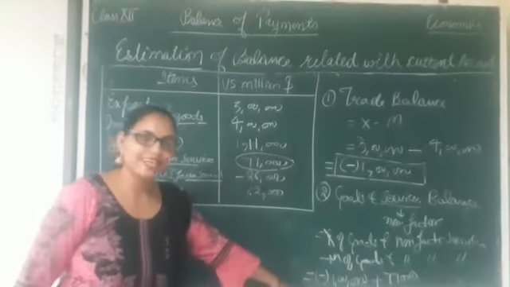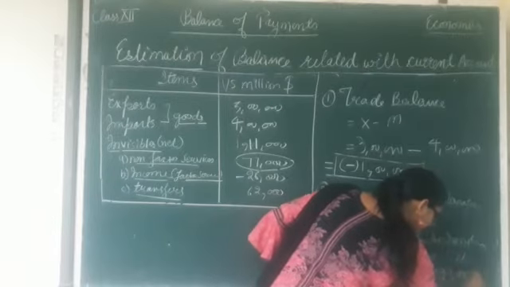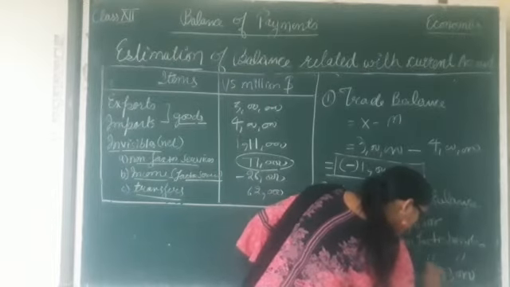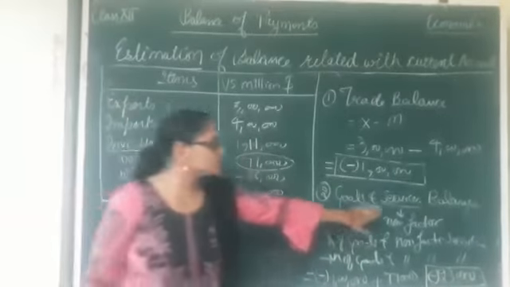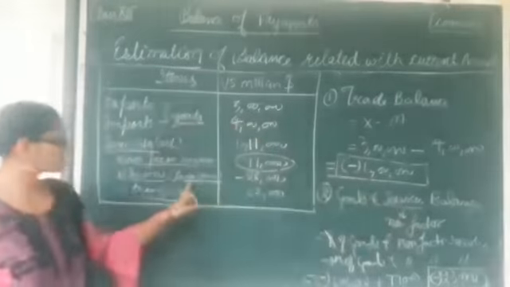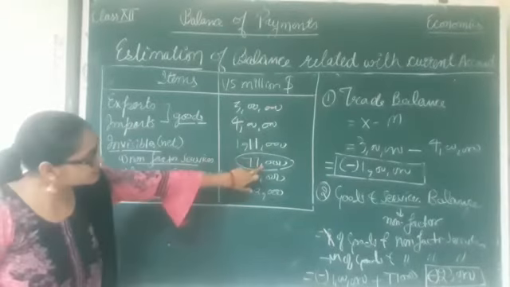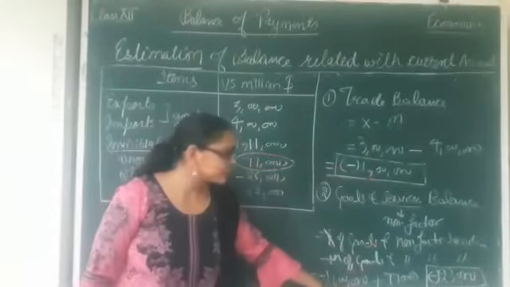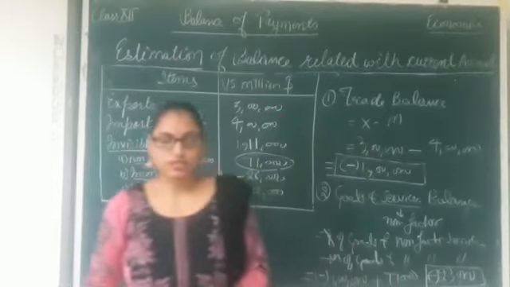So the answer will be 23,000, and that is also negative. This is how we get the balance of goods and services, where services include non-factor service. In the question, export and import are not given separately; the balance is given. So we add this balance with the balance of trade and get our goods and services balance, that is minus 23,000. Clear?